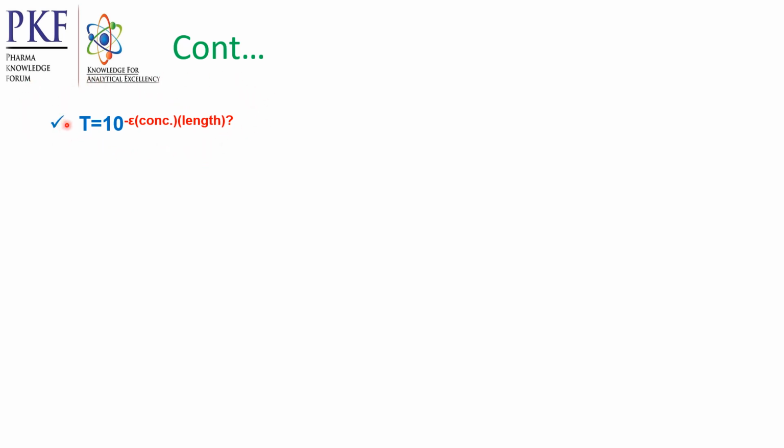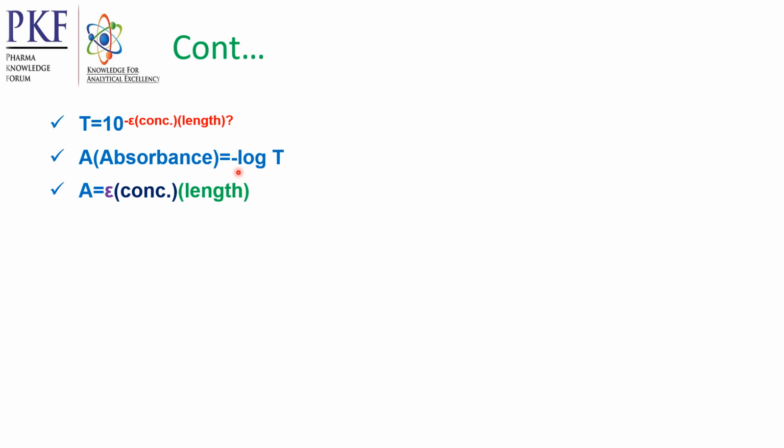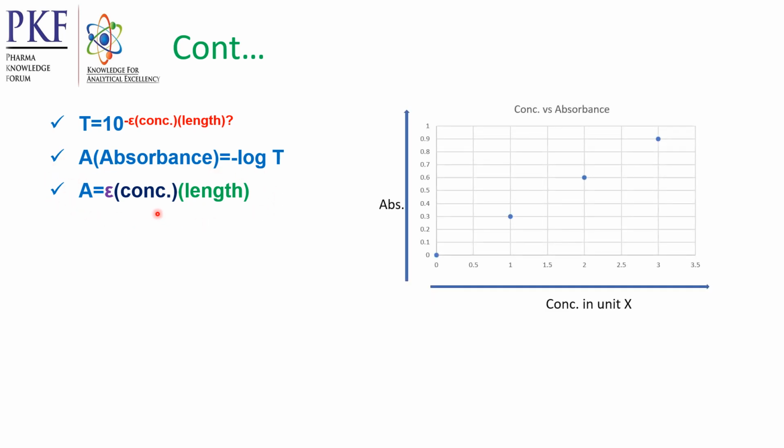That is why Lambert Beer brought a new unit, that is A, absorbance, which is equal to minus logarithm of transmittance, that is T. And this is the final absorbance equation, and this equation follows the linear relationship between concentration X and absorbance.